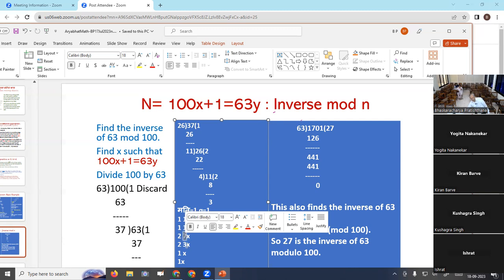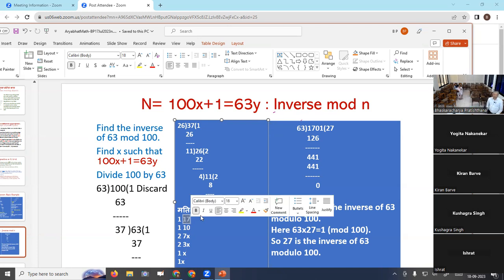So 1, 7, 3: 1 into 7 plus 3 becomes 10. So 10 and 7, and this 1 I take now. So 1, 10, 7 is my new triple: 1 into 10 plus 7 is 17. And there I stop. This is the value of x.